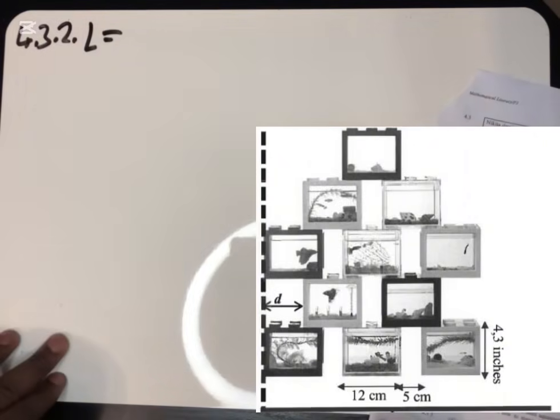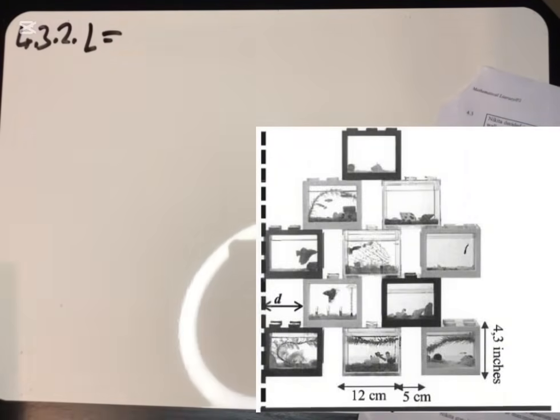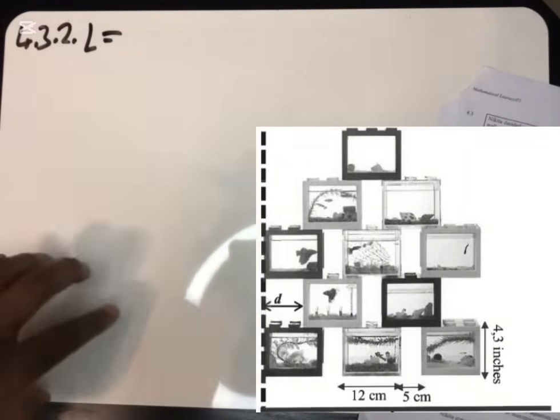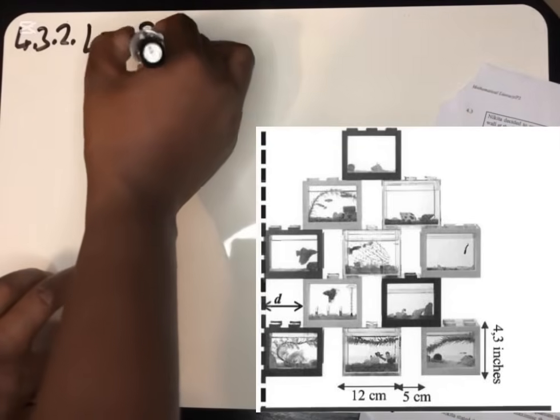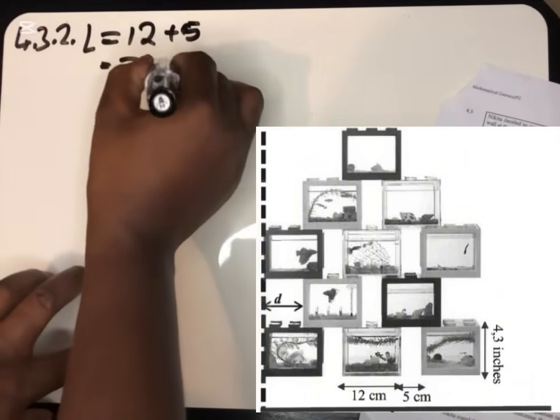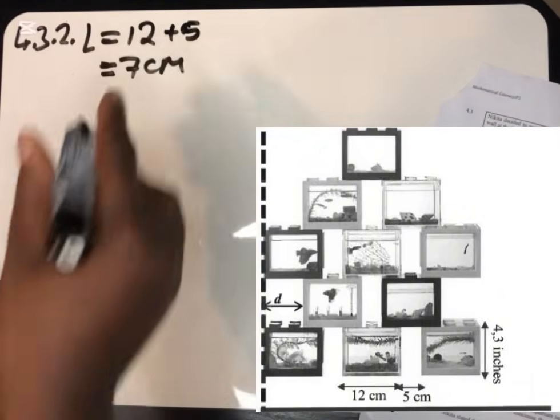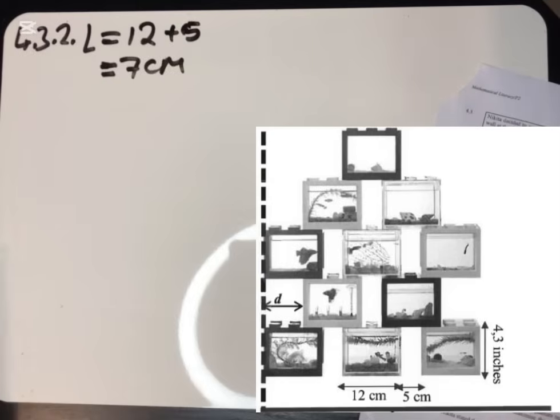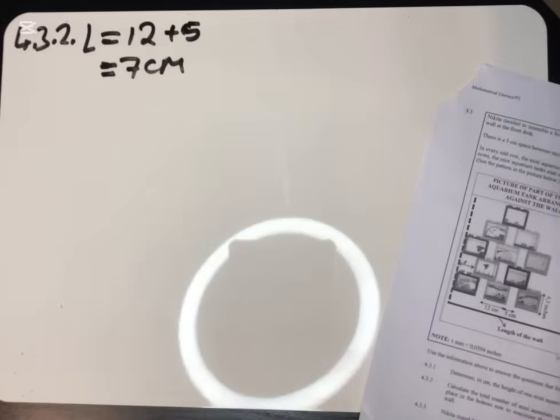The length that we have here is 12 plus 5, which is equal to 17 centimeters. Don't forget that 5 is the gap, the space between each mini aquarium.